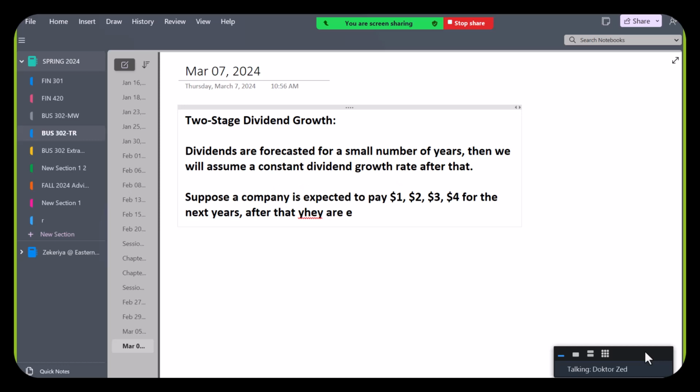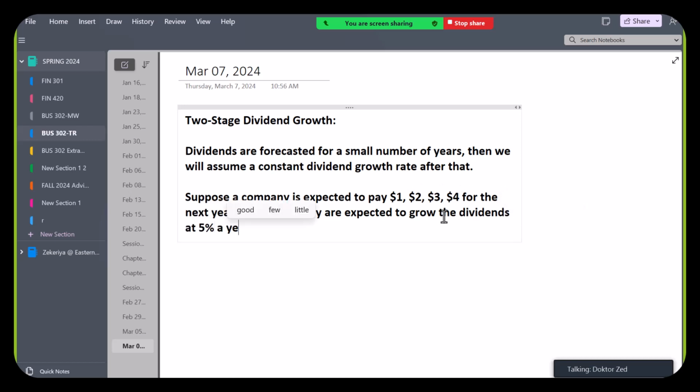After that, they are expected to grow the dividends at 5% a year, assume a discount rate of 12%. What is the value of the company or a share of company?